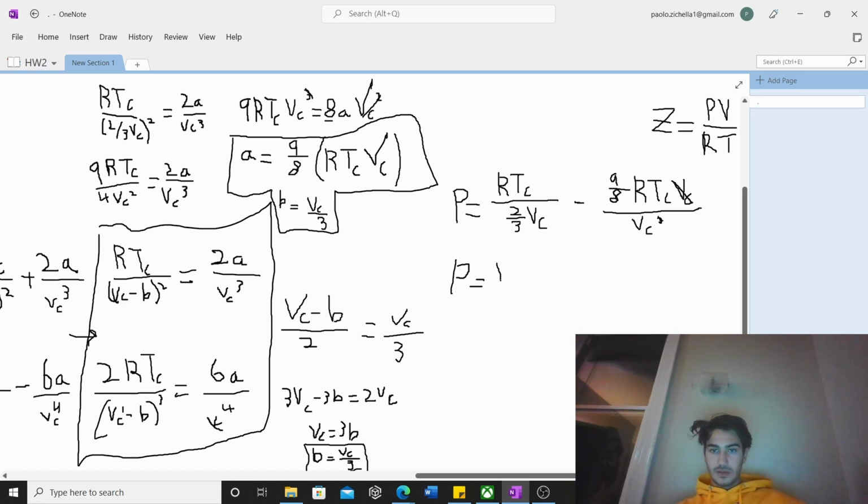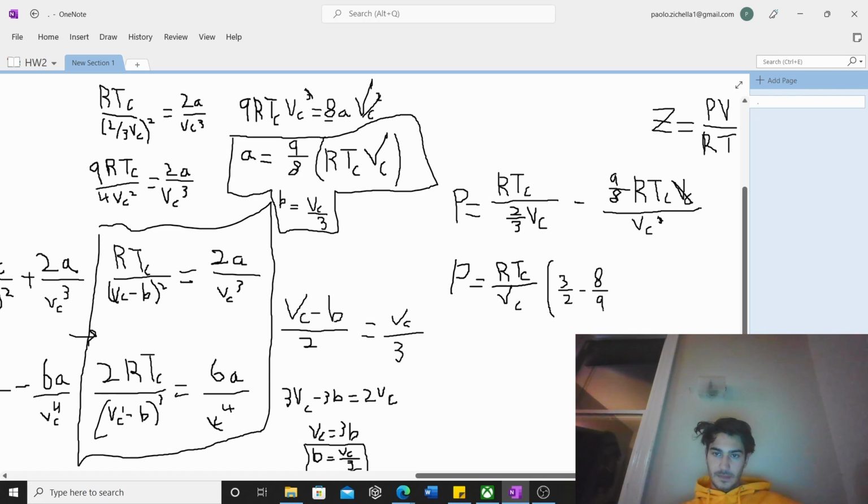So if we factor R times the specific temperature at the critical point, all over specific volume at the critical point, we would get 3/2 minus 9/8, right? And we see they have the common denominator.